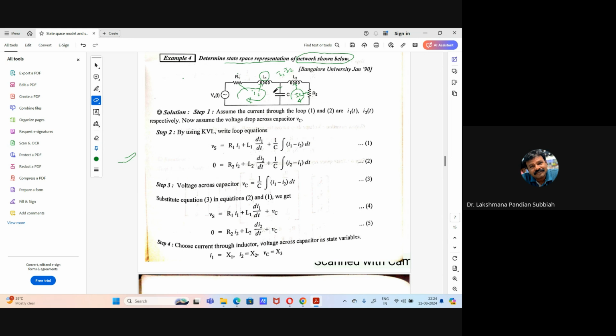Then we have to write the loop equations. In the first loop we have a voltage source; in the second loop there is no voltage source.